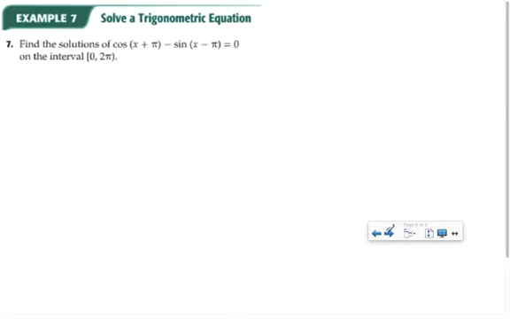Finally, using these identities to solve a trigonometric equation. So I'm going to rewrite this cosine of a sum and this sine of a difference using my identities. Here we go.